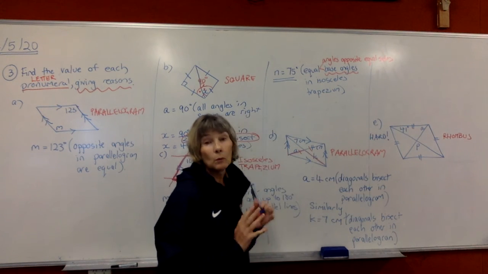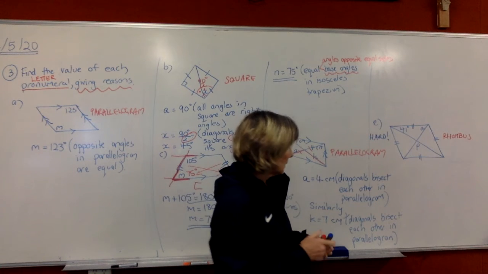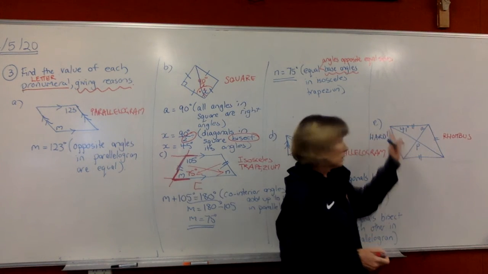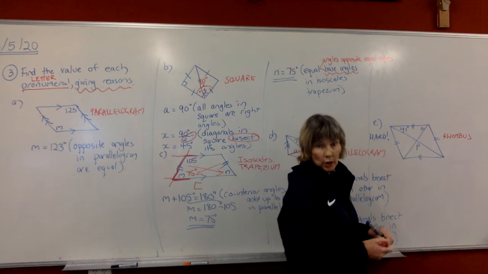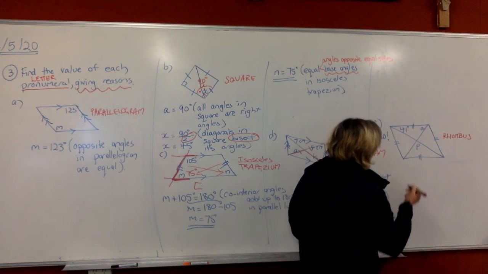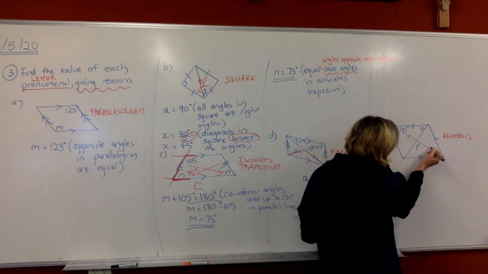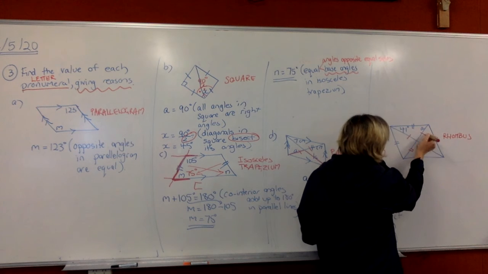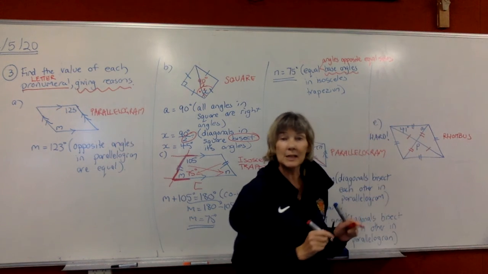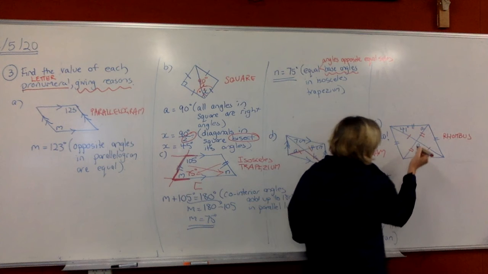Well, if you think about one of the properties of the rhombus, the diagonals bisect each other. So in other words, that will equal that, and that will equal that. But they bisect each other at right angles.